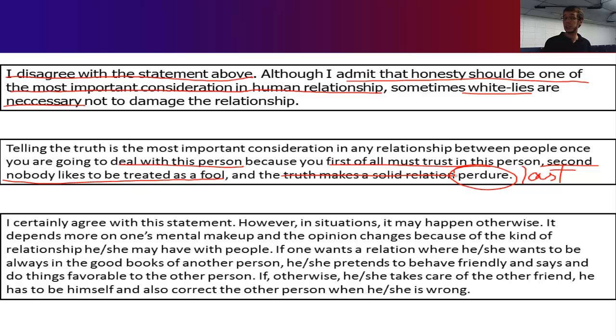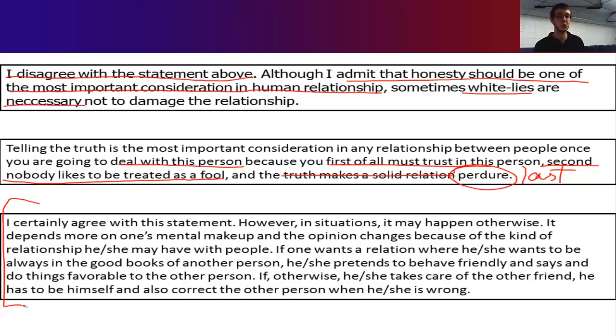This last one, we can see that it's different, because first, it's bigger. But bigger is not always better. Remember, we have 300 words. I certainly agree with this statement. However, in situations, it may happen otherwise. It depends more on one's mental makeup, and the opinion changes because of the kind of relationship he or she may have with people.